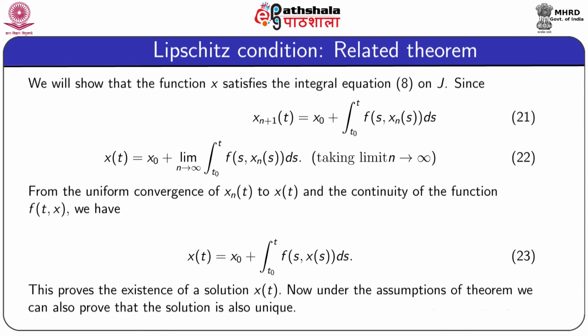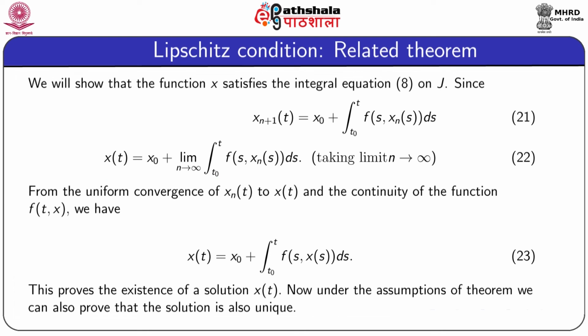We will now show that the function x satisfies the integral equation 8 on the interval J. Since x_(n+1)(t) equals x_0 plus the integral from t0 to t of f(s, x_n(s)) ds, x(t) is equal to x_0 plus the limit as n tends to infinity of the integral from t0 to t of f(s, x_n(s)) ds.